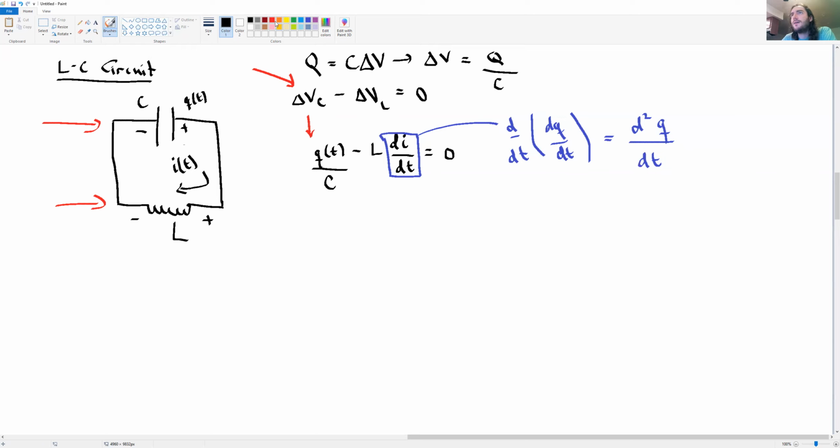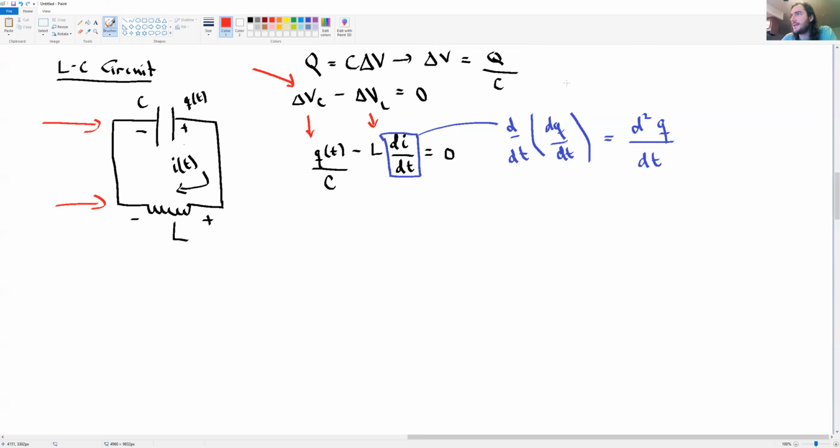For the inductor, we have the voltage across the inductor given by Faraday's law, or the version of Faraday's law with this self-inductance term, L times di dt. The polarity of the voltage across the inductor is always opposite to the polarity across the capacitor. And di dt, of course, is the same as the rate of change of dq dt.